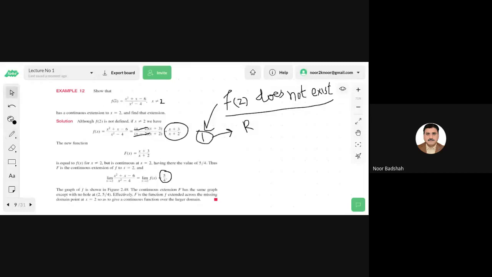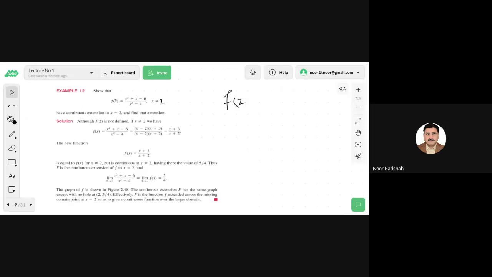So how do we find its continuous extension? I would redefine the function in following way. You would write f of x is equal to, that's what you would do all the time for finding continuous extension of a function.